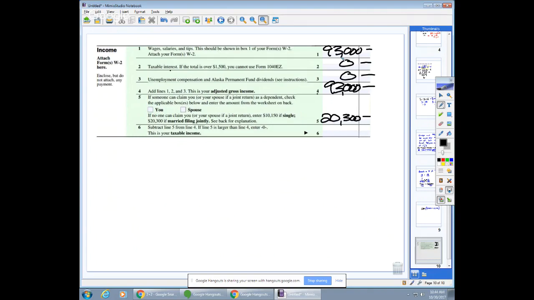Okay, sorry, Kristen, what was that subtraction again? 72,700. All right. So this right here is what they call the taxable income. I'm just going to write a couple of notes on here as a reminder. This 93 right here, that would be gross income, everything you made money on in a year.